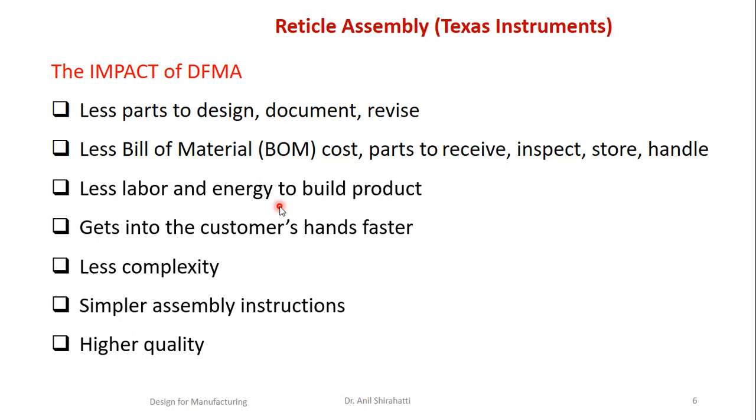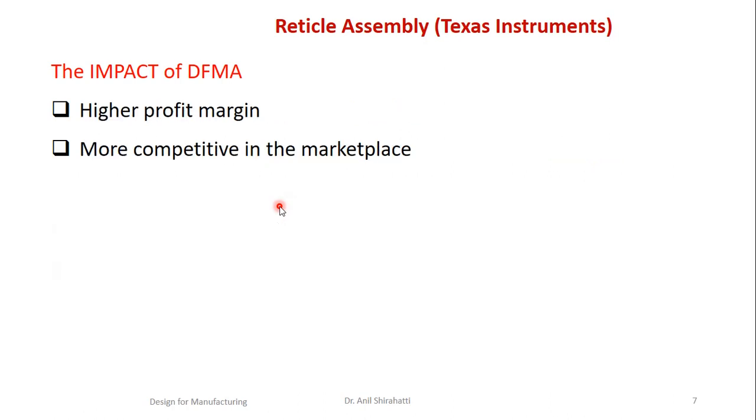Simple assembly instructions, and also quality has improved a lot if you see the design. And next, as overall this has reduced the cost, we will get higher profit margin and be more competitive in the market because your cost is reduced. Also the time to manufacture is reduced very heavily.